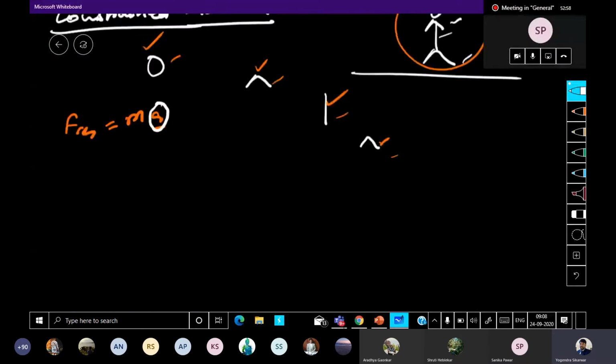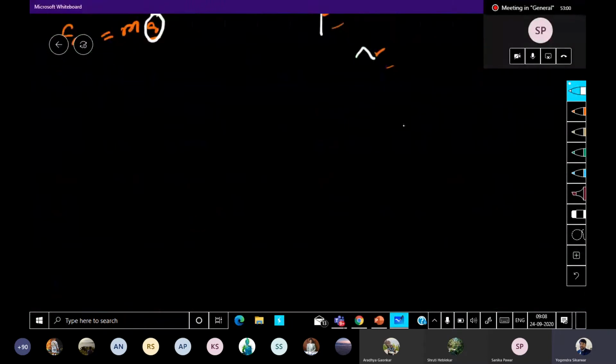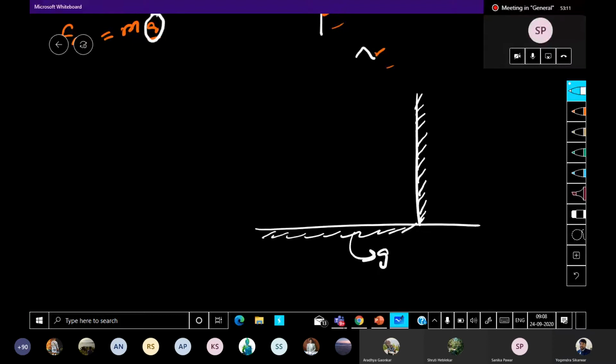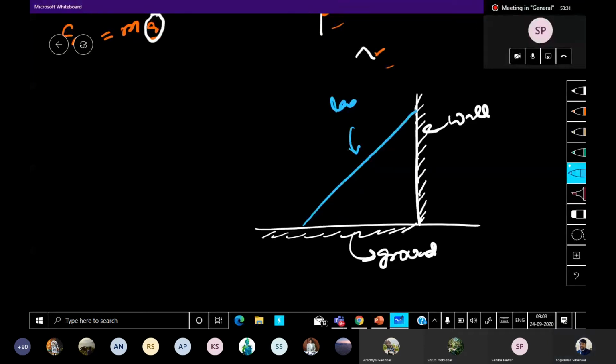So for example, everyone please pay attention. Suppose this is a wall and this is the ground. And there is a rod, or you can say a ladder, leaning on the wall.